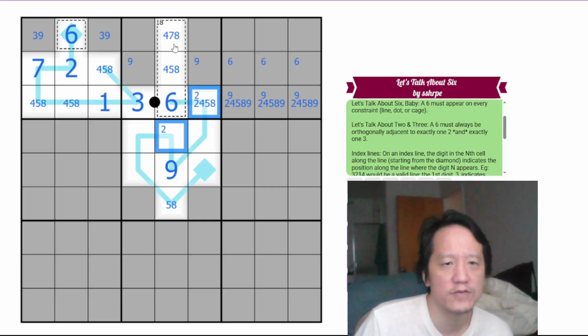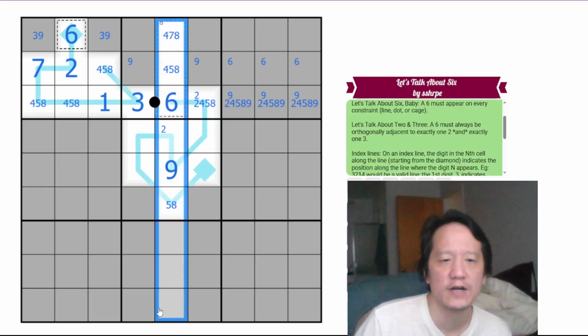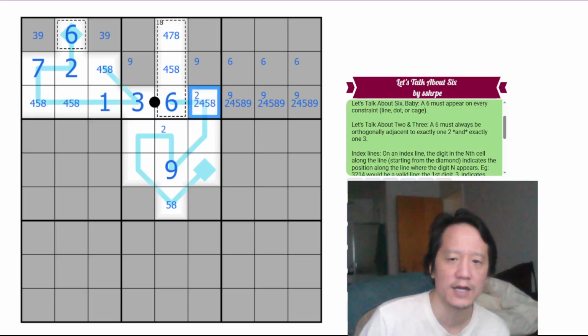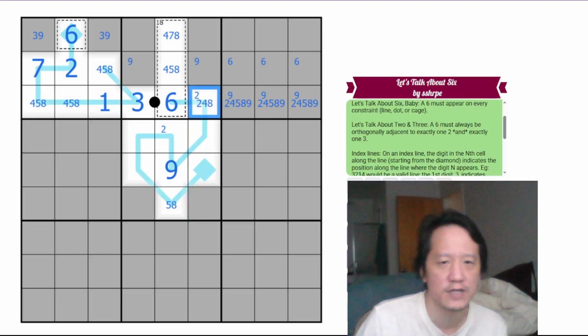But because 5 and 8 has to be one of these two digits to add up to 18, with 4 or 7 to add up with 6, and 5 or 8 can only be one of these two because 2 has to be there, has to be a 2 either in this spot or this spot. Therefore, the rest of column 5 cannot contain 5 or 8. So this cannot contain 8, which means this cannot be 5. So this is 2, 4, or 8 there.